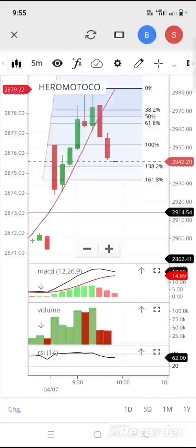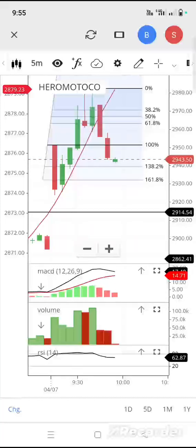So usually we have to look for the directional trade, whether it goes for gap filling. The majority of the time the stock goes for the gap filling. Based on that we can go for trade.